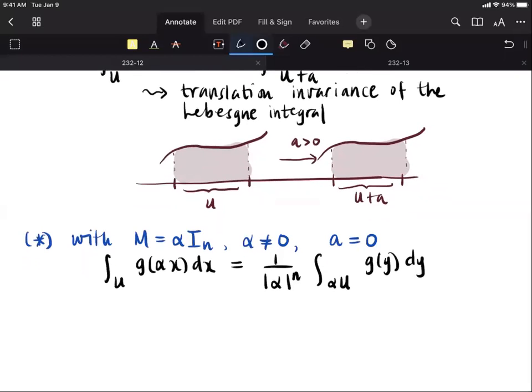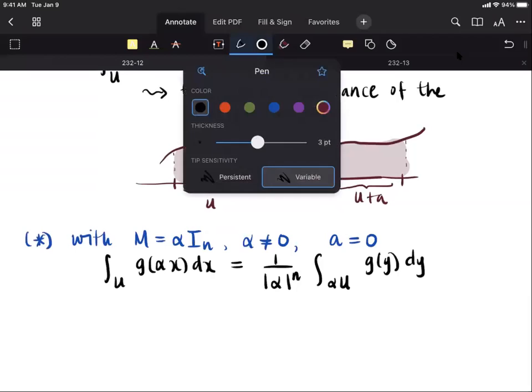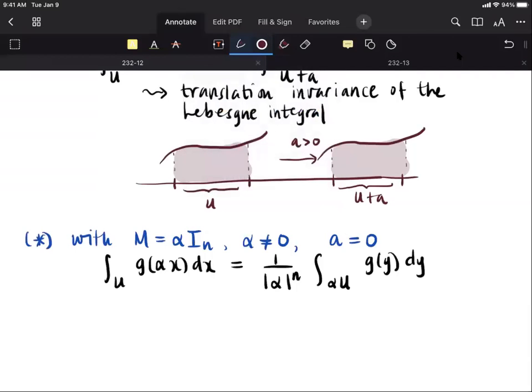This is the case since the determinant of M, so the determinant of alpha times the identity matrix, is alpha to the n. And of course, we should take the absolute value.